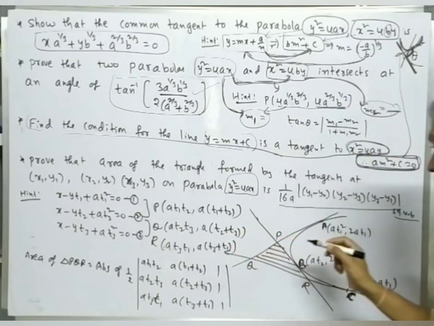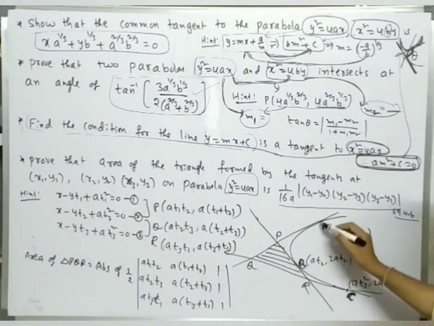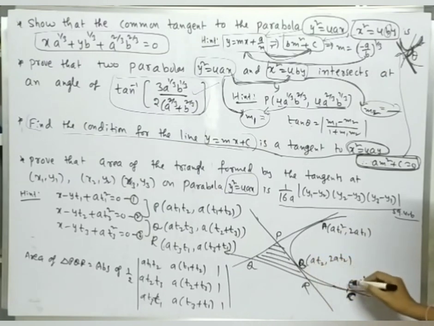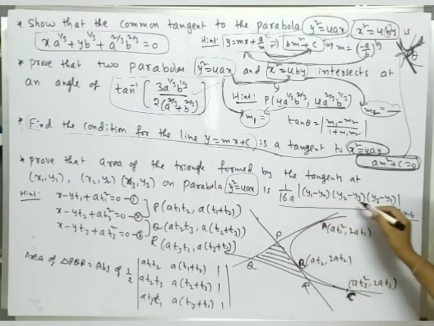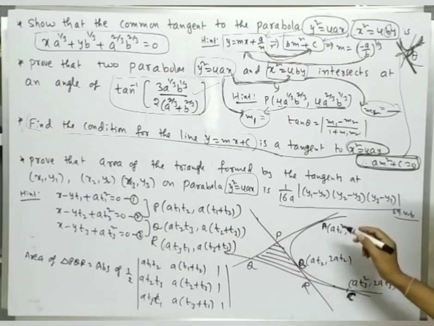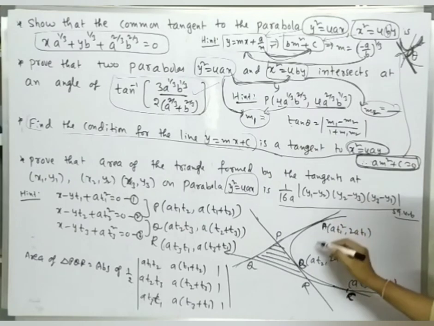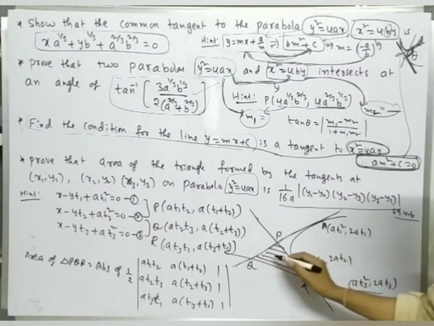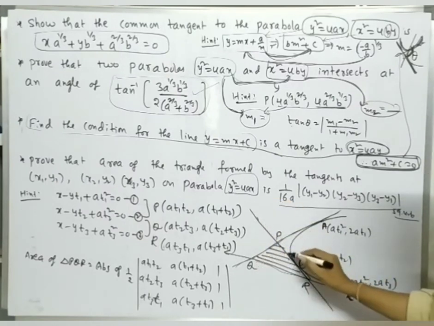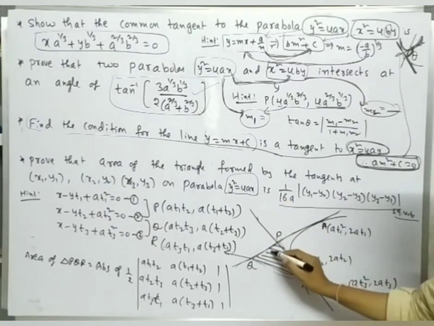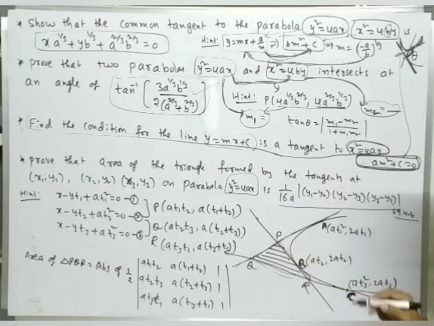So that is the area formed with these 3 points A, B, C. Here the condition is to draw tangents at A, at B and at C. These 3 tangents form a triangle, and we should find the area of that triangle.